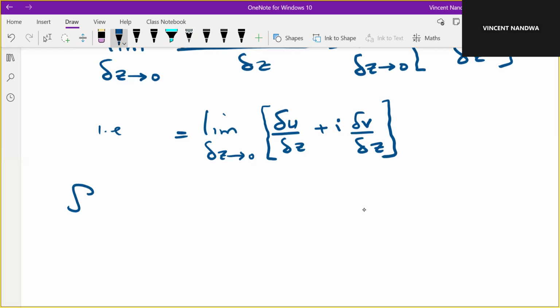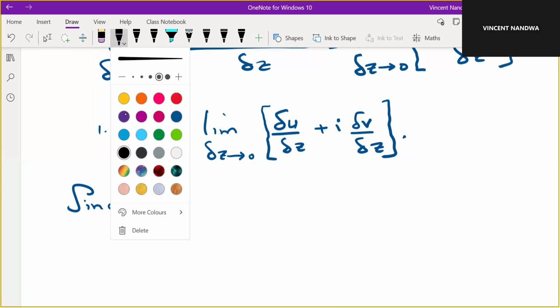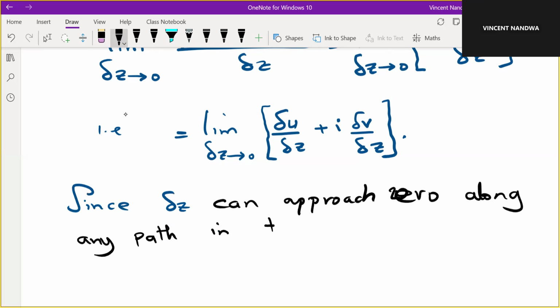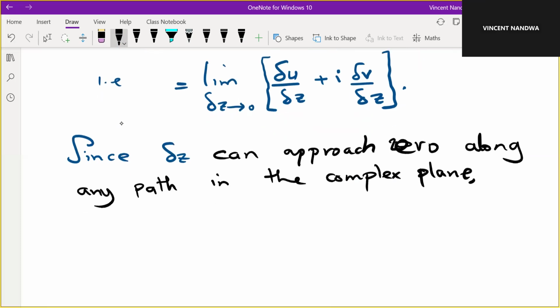So since delta z can approach 0 along any path in the complex plane, we can consider two cases. Case one, along the real axis.